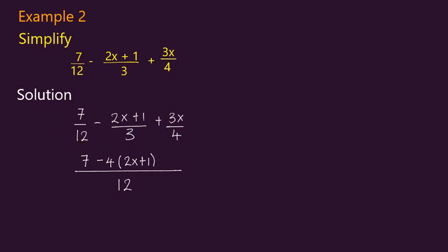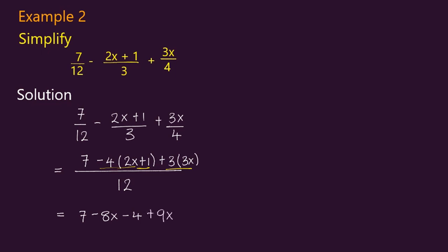Next we go on to 4. We divide 4 into 12 and we get 3, and we multiply 3 by the numerator 3x, so we get 3 of 3x. Now we simplify the numerator. We have 7, minus 4 times 2x gives minus 8x, minus 4 times 1 gives minus 4, and 3 times 3x gives 9x.